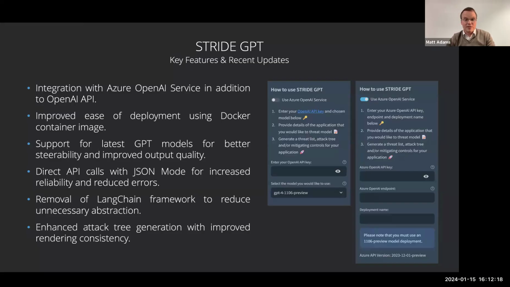From almost day one, people in an enterprise setting who came across Stride GPT and liked it said, this is great, but you're only providing support for GPT models that are accessible via the OpenAI API, and we don't have a commercial relationship with OpenAI.